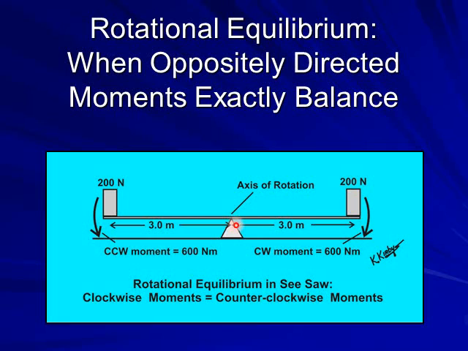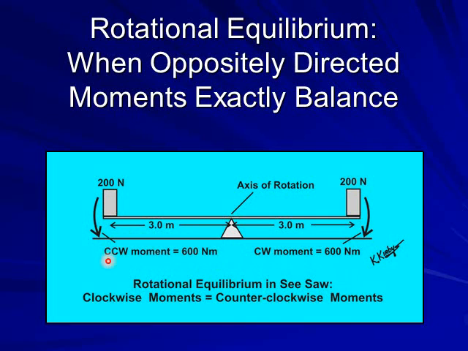So the moment arm on the right is 3 meters times a 200 Newton mass, which produces 600 Newton meters of clockwise moment. On the left, the 200 Newton force going downward across a 3 meter moment arm produces a counterclockwise moment also of 600 Newton meters.